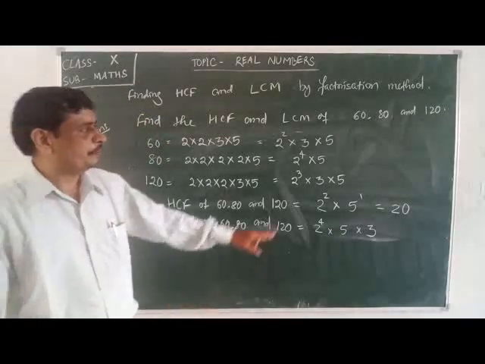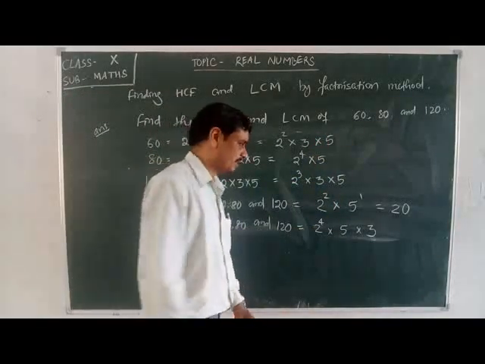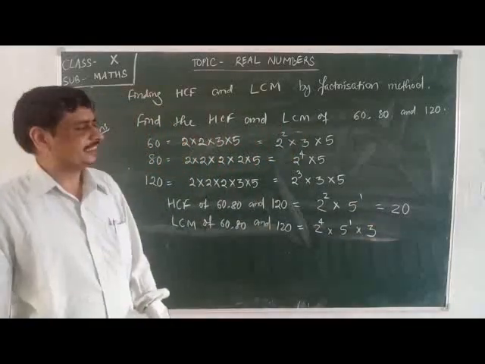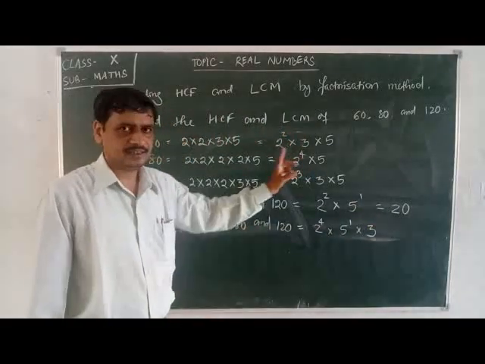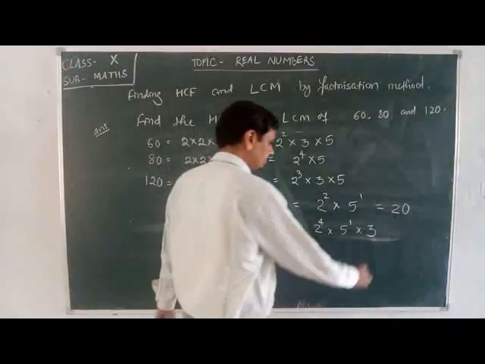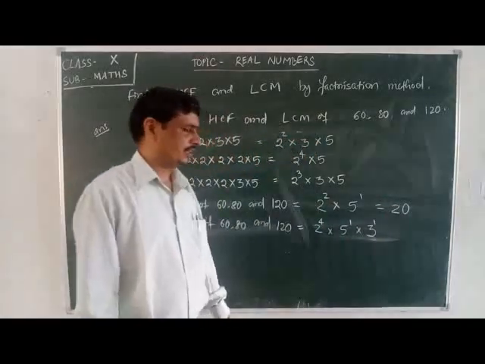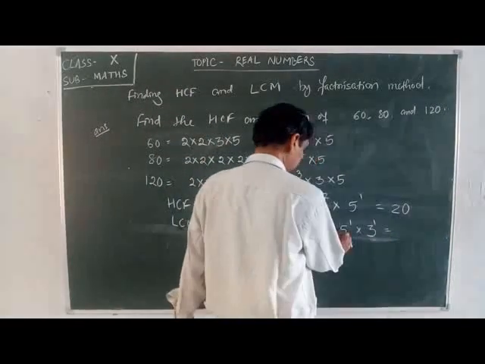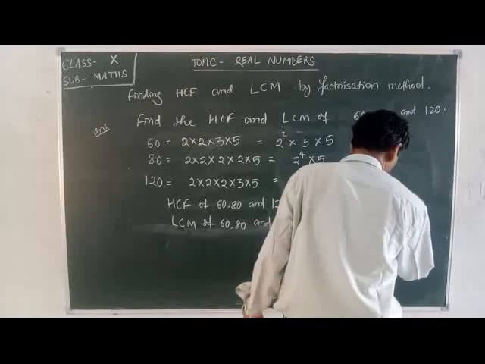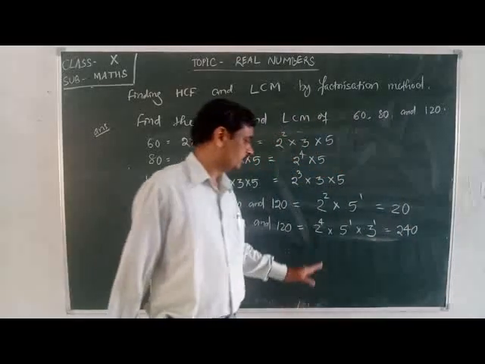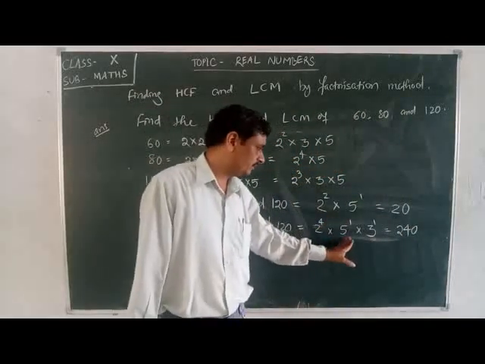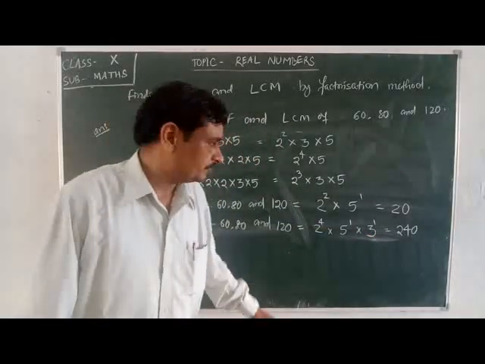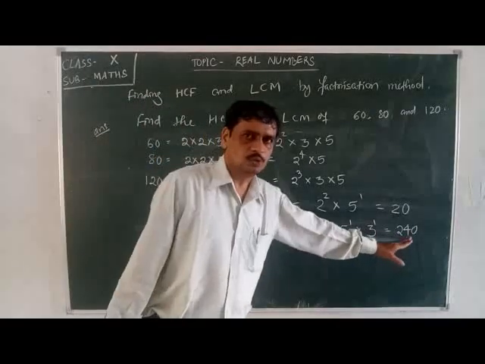Maximum times 5 is coming is 1, so it is 1. And this 3 also comes as 1. Now this product, 2 to the power 4 into 5 into 3, is 240. The LCM is 240.